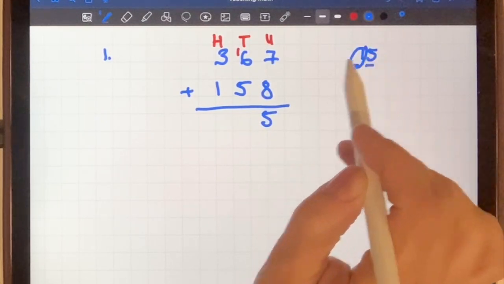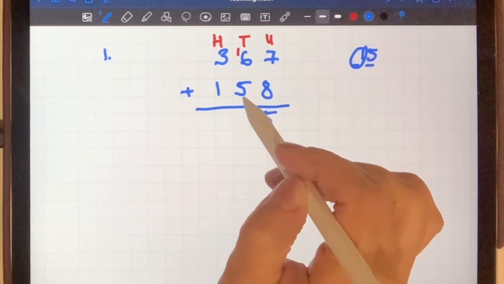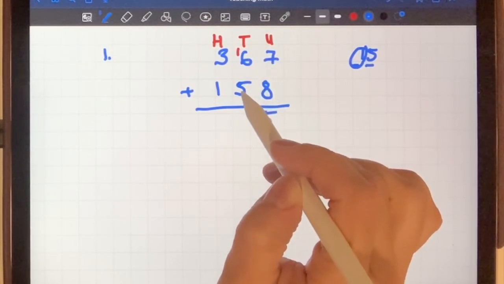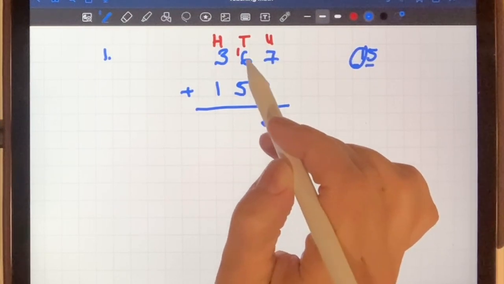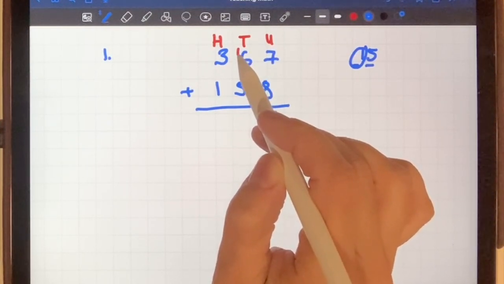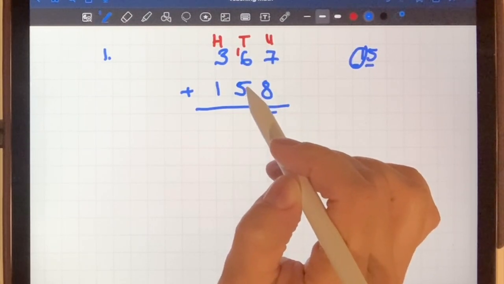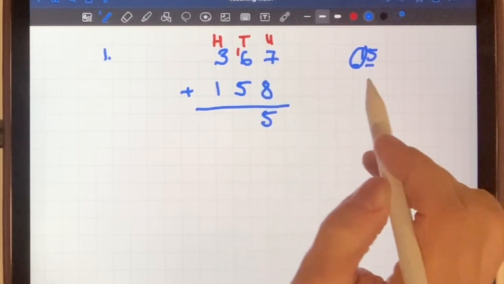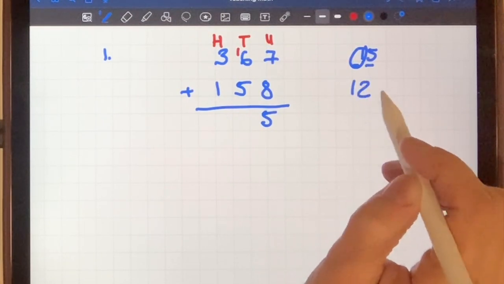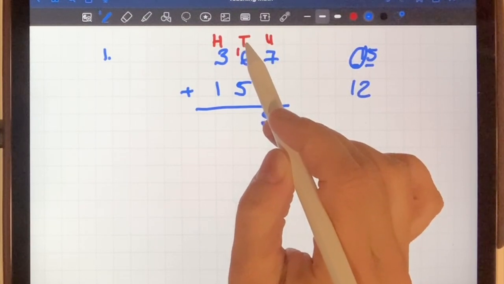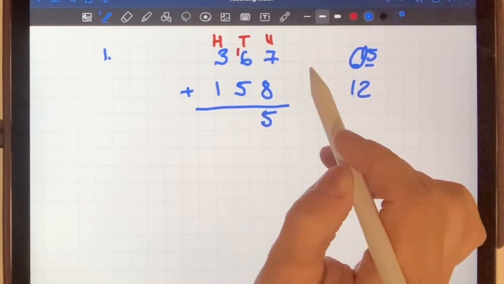Okay, so now we want to add everything in our tens column. So we've got 6 and 5, which is 11, plus the 1 that we carried from there. So that makes 12. So again, 12. This means 12 tens, because we're now in our tens column.